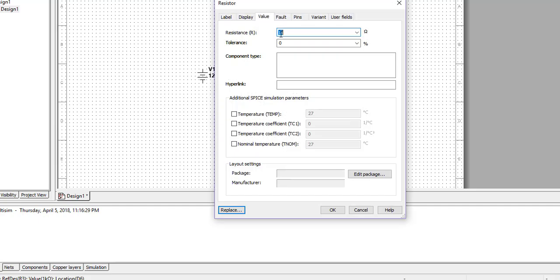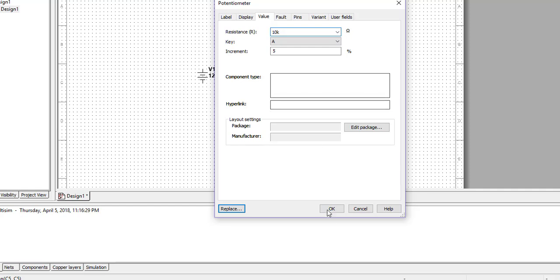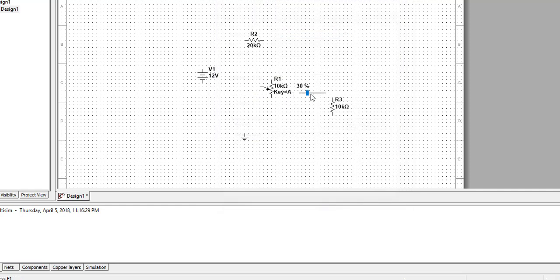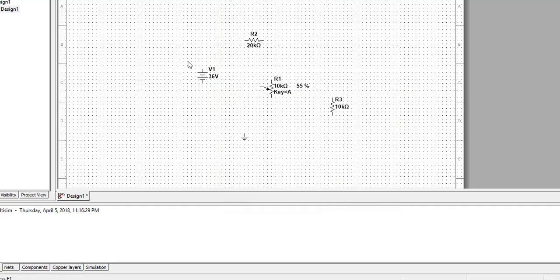This resistor should be 10 kilo ohms. This resistor should be 20 kilo ohms. The potentiometer is from 0 to 10 kilo ohms, and we can keep it at 50% for now. The voltage source is 36. So this is connected here, this guy here, this guy here, and those two guys go to the ground.